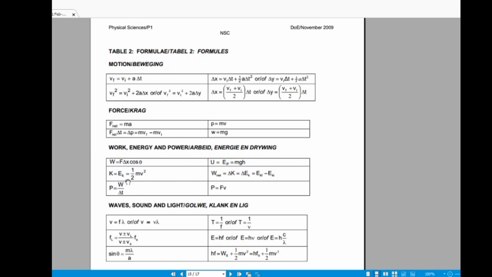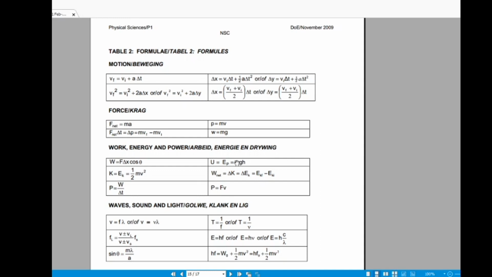So remember, we define kinetic energy as the energy that an object has because of its motion or movement. And the potential energy is the energy an object possesses because of its position in relation to other objects that it interacts with, right?